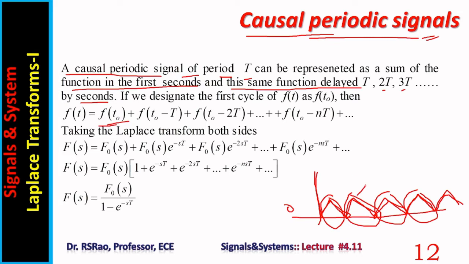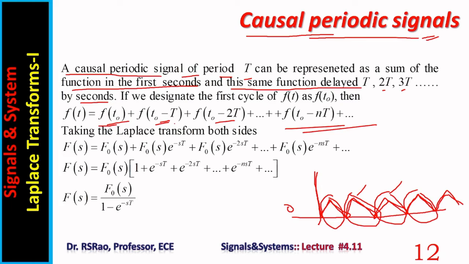The second one can be designated as f of t naught minus T. The third one may be designated as f of t naught minus 2T. Like that, one can designate all the cycles and they can be added to get the actual causal periodic signal.